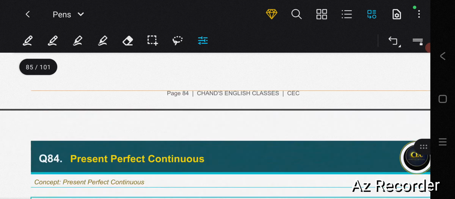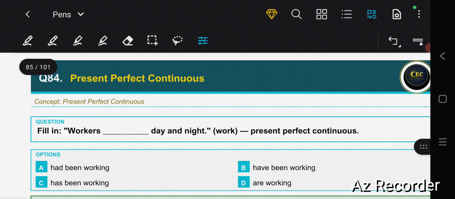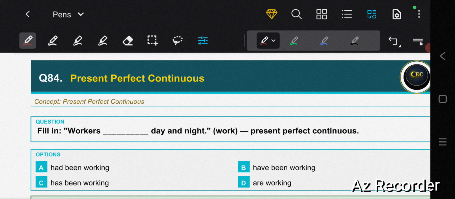Now the next question, present perfect continuous. Workers work day and night, present perfect continuous. Had been. Had is not used in present at all. Surely this one is the incorrect one. Are working. This is also not present perfect continuous.